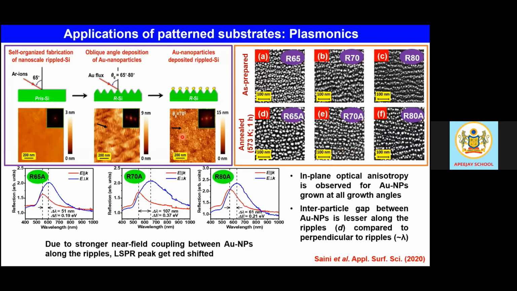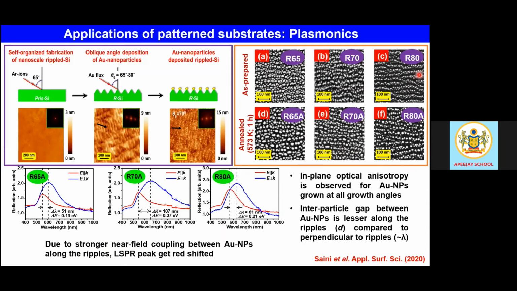Although I'll be limiting the data here to a few select angles, we have done a series of variations in growth angles for gold nanoparticle decoration. You can see here also roughly the growth is conformal for higher growth angles, although the particle size is quite limited.